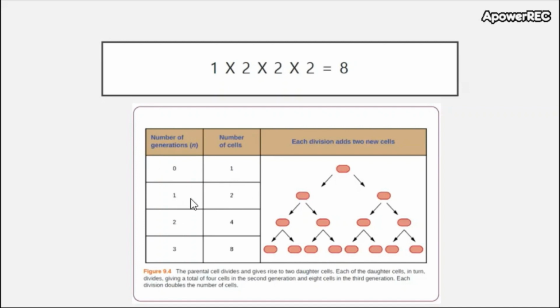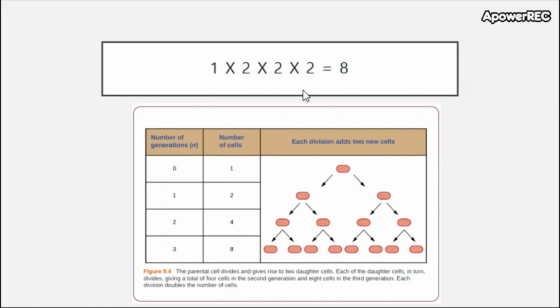Our second generation is when that first set of progeny multiply, and they go from 2 cells to 4 cells. Finally, in this example, we have our third generation, when we go from 4 cells to 8 cells, or another doubling.